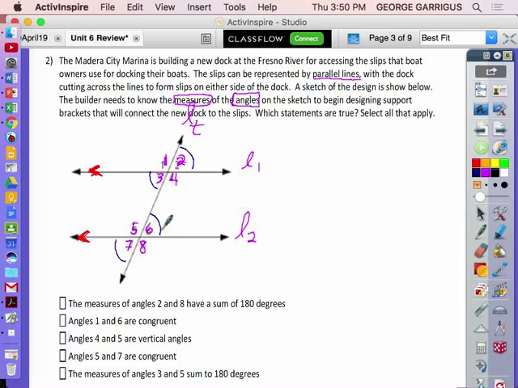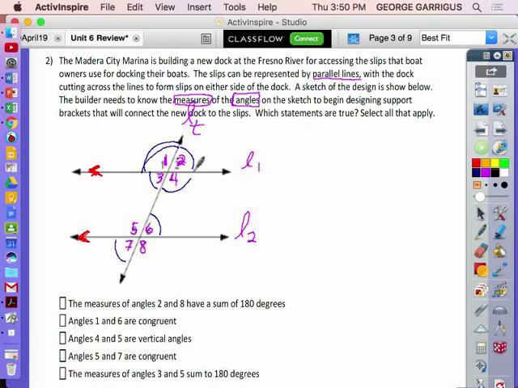Okay, well, these are the same angles, 2, 3, 6, and 7. Notice they all form a straight line. Angle 1 forms a straight line with 2. Well, 2 and 3 are the same.